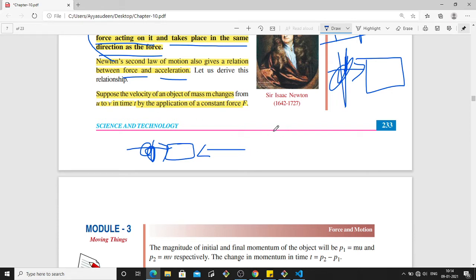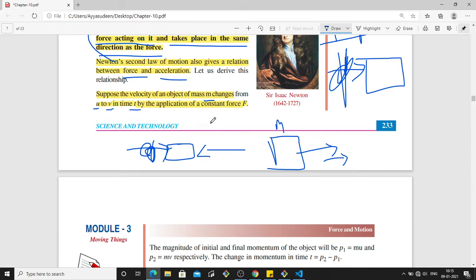Suppose there is an object of mass m, and it is moving. Its velocity changes from initial velocity u to v within a time of t.